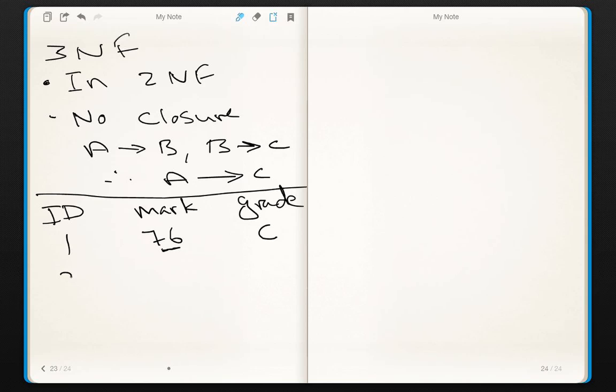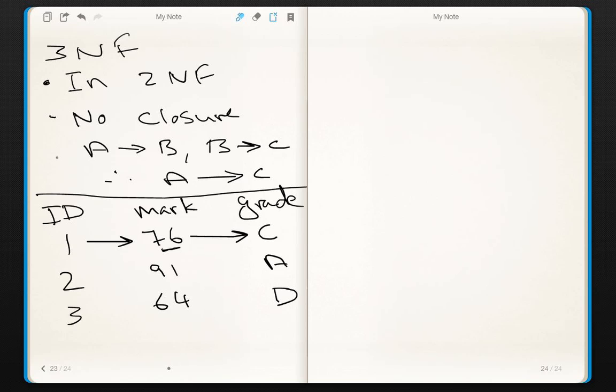Let's say student 2 got, for example, 91, grade is A. Student 3 got the mark 64, which is a grade D. Now note something, that the ID defines the mark, which defines the grade, therefore the ID defines the grade.